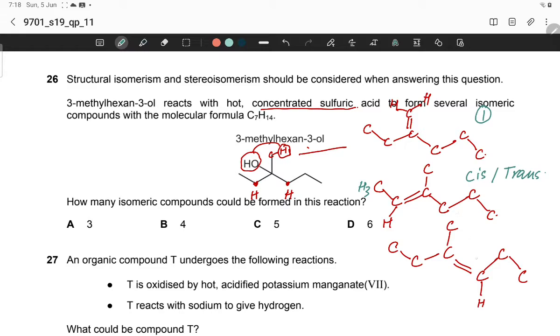Now this compound also has two isomers, cis and trans, like this.